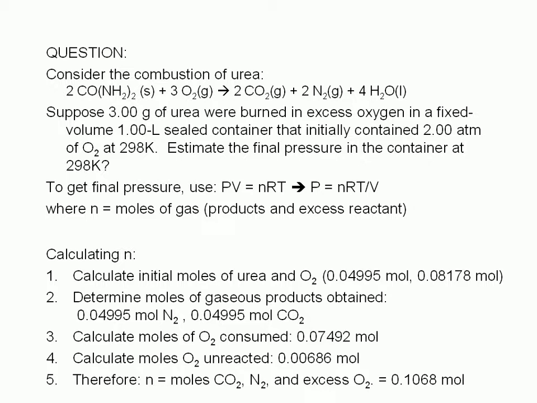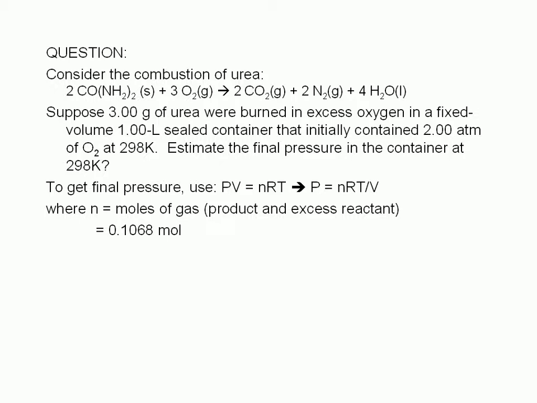Adding up the moles of carbon dioxide, nitrogen, and unreacted oxygen gives us a total of 0.1068 moles. Now that we've figured out the total number of moles of gas molecules to be 0.1068 moles, we have all the values we need to calculate the final pressure of the gas.